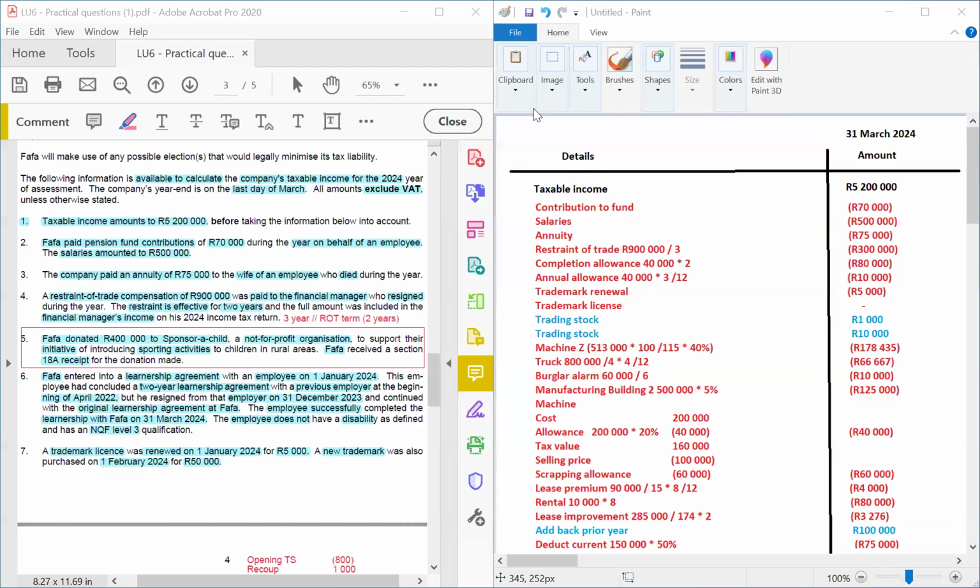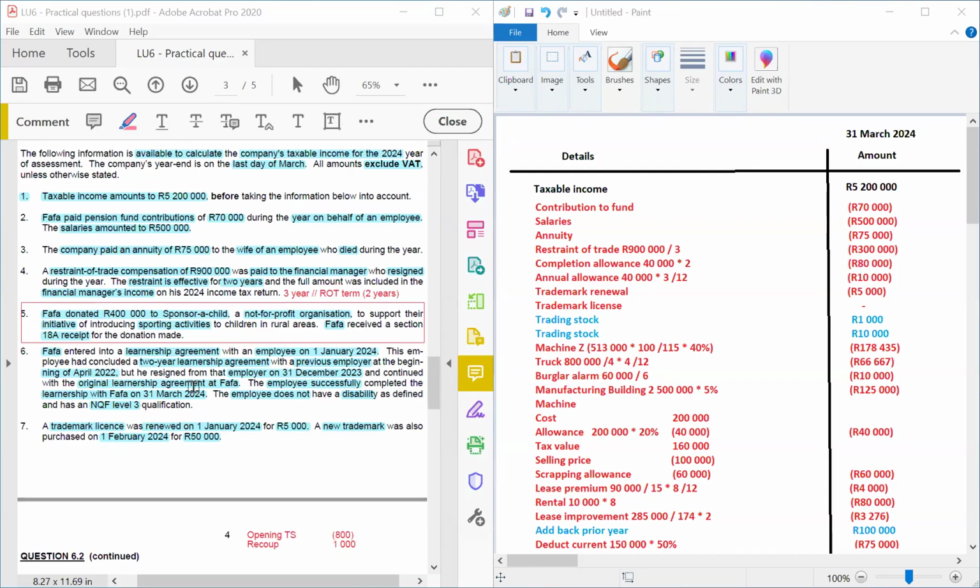Okay, thank you. Pleasure. But there's this learnership agreement, the way you explained it went past me. I did not understand it well. So learnership agreement.